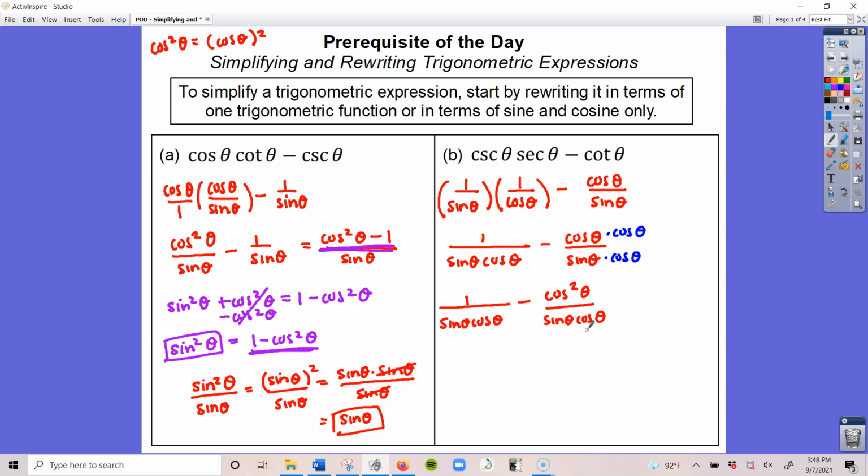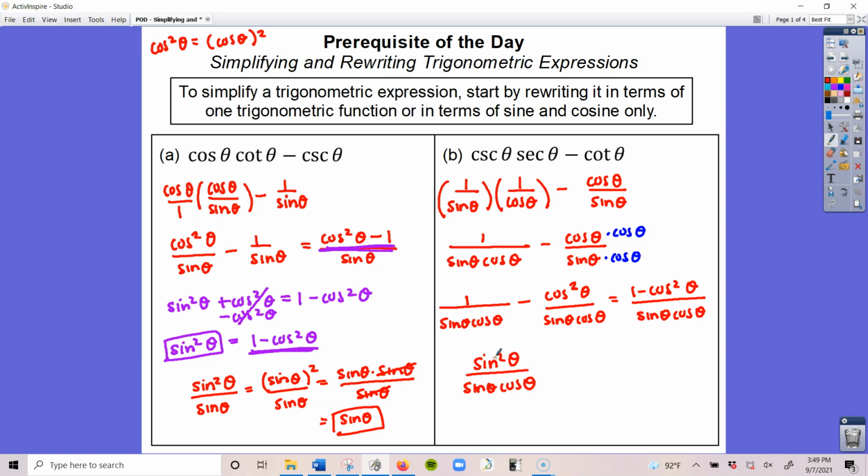Now, since these have the same denominators, I can write this as one fraction, where the numerator would be 1 minus cosine squared, and the denominator would be sine theta cosine theta. Now look here, 1 minus cosine squared popped up again, which we know is equal to sine squared. So I can substitute that numerator with sine squared theta over sine theta cosine theta.